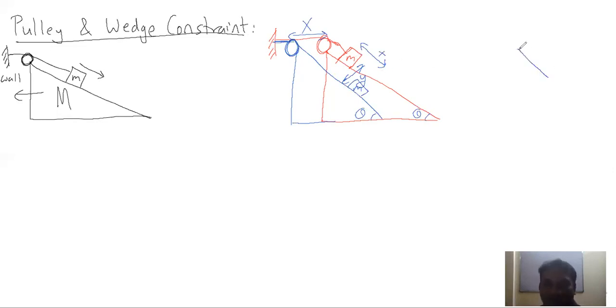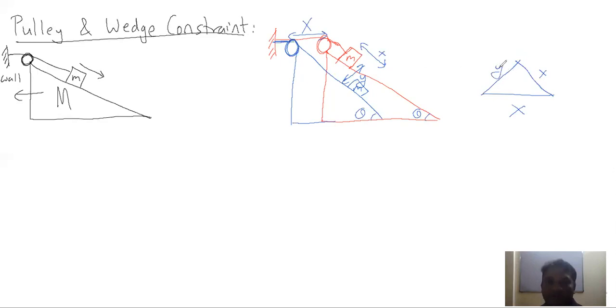So again, if I draw the triangle, this is small x, this is y. Let me draw the diagram again. First, let us show this capital X. Then we have this small x, and we have this y.